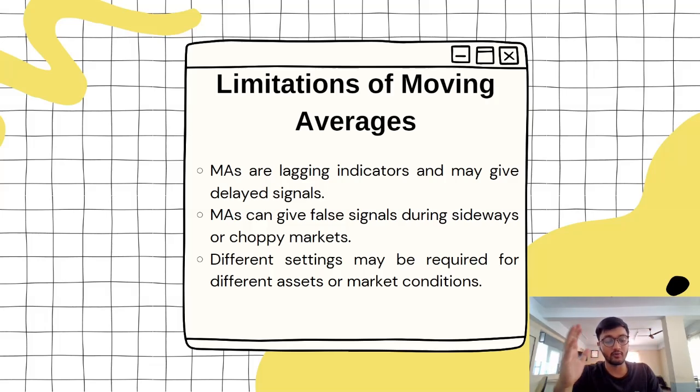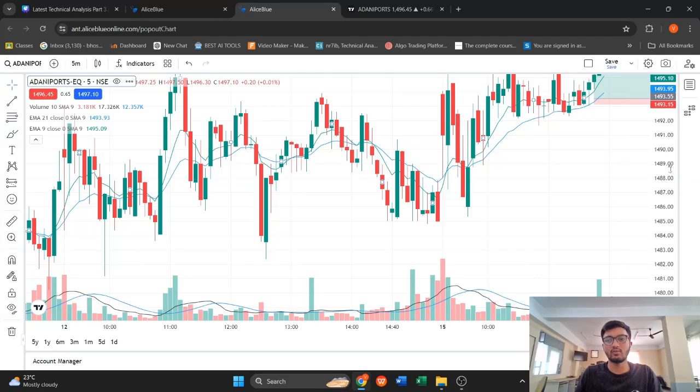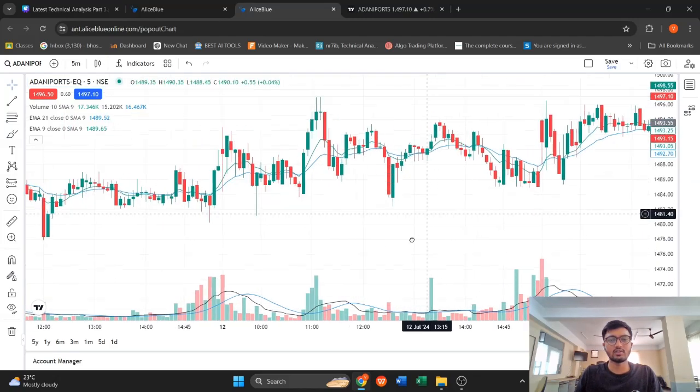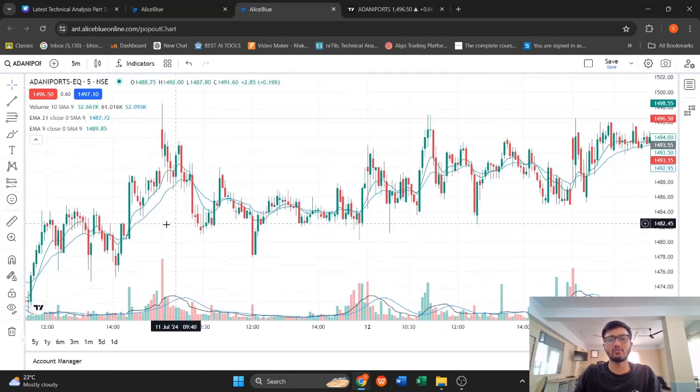That's what my full focus is on. I made that mistake when I was young, when I was early into this field, but I don't want you guys to do the same. For example, you can see this is a full consolidation phase. In this particular time frame there's no up move, there's no down move.